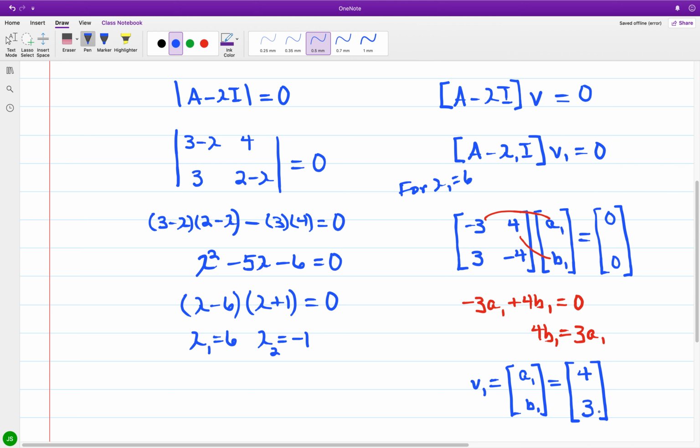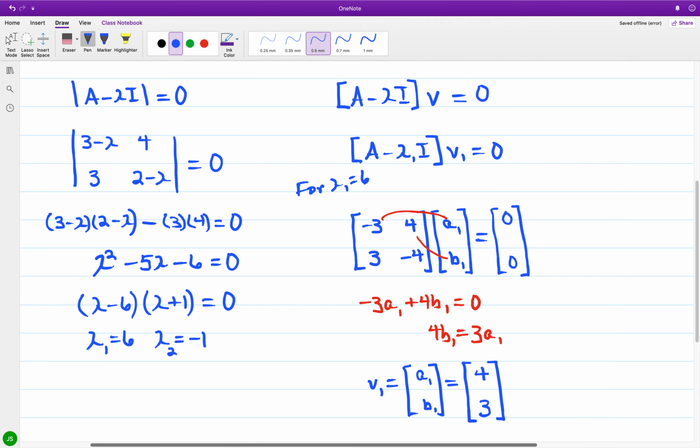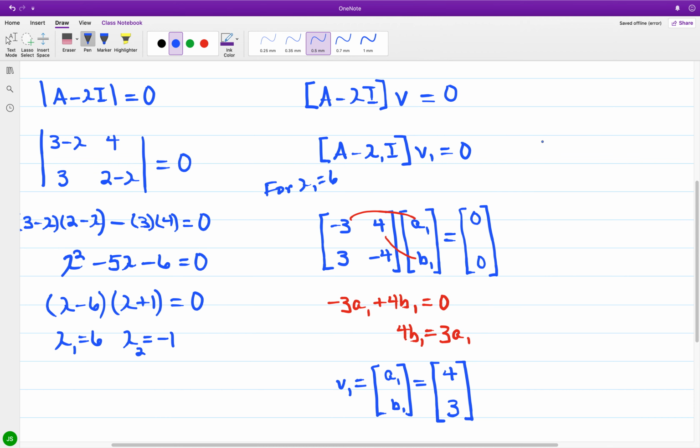So for the first eigenvector, we have 4 and 3. Now, if I were to work on the determination of the second eigenvector, I have again the second eigenvalue, which is negative 1.